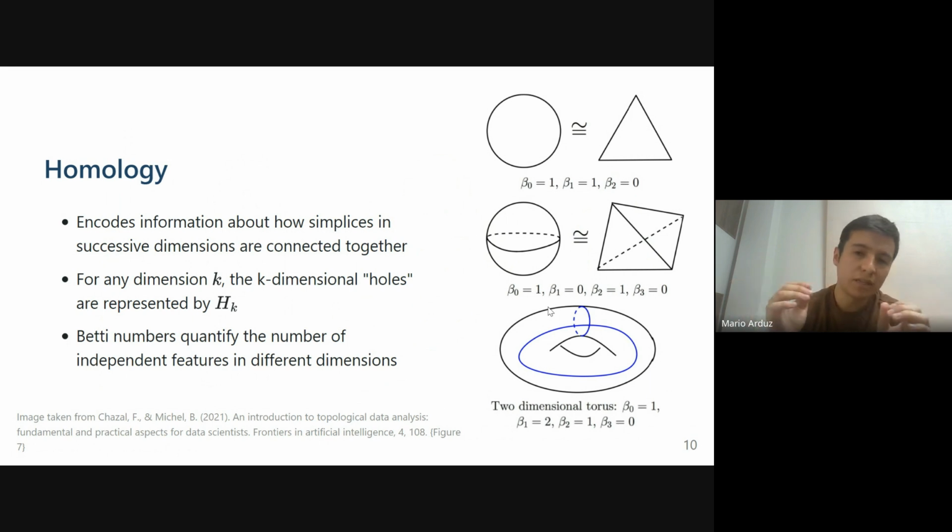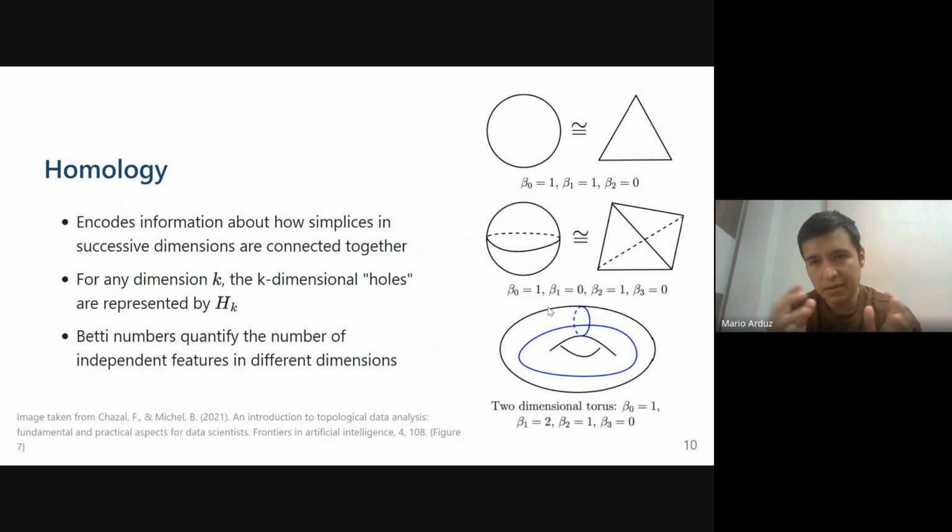And these dimensional holes, let's say in dimension 0, are just going to be one connected component. In dimension 1, they are going to be circular holes. And in dimension 2, they are going to correspond to cavities. And we can arrive until there because we cannot think of higher dimensional types of holes.